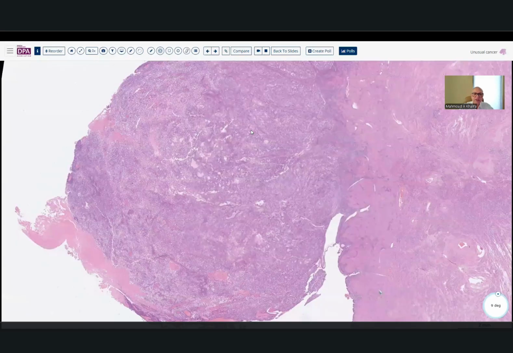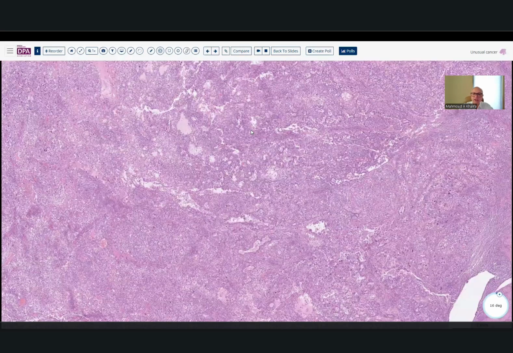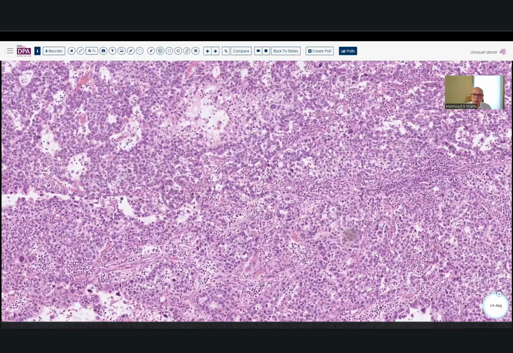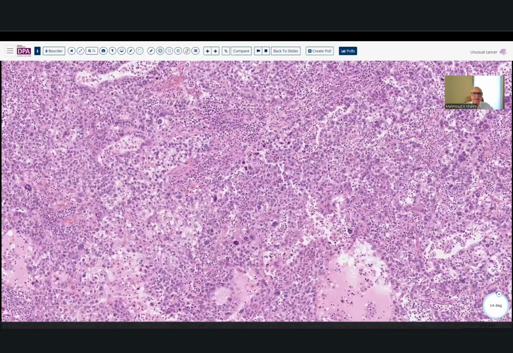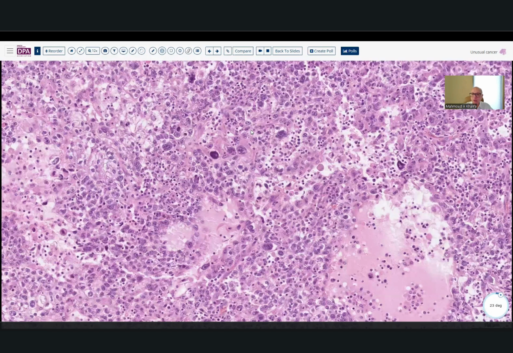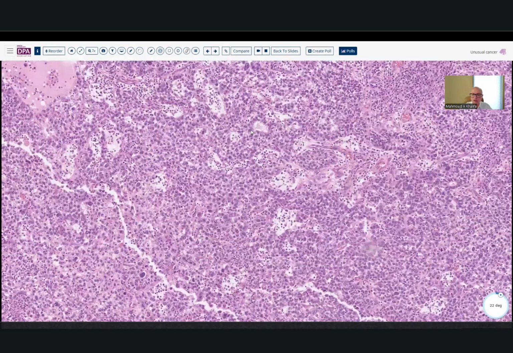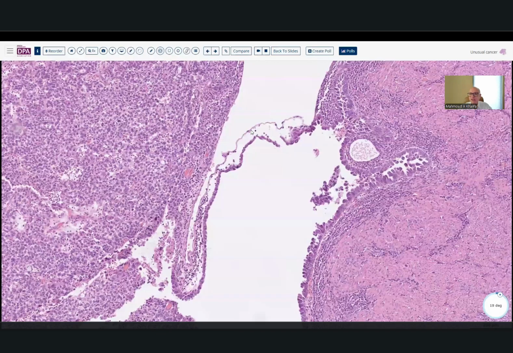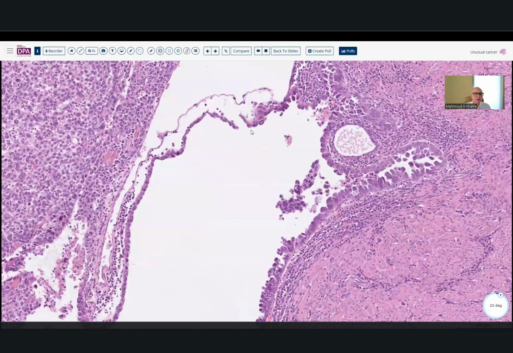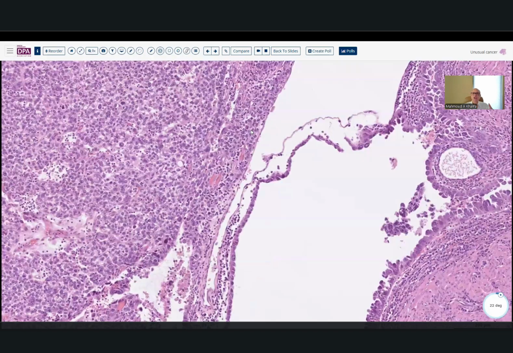You have cells that look like clear cell carcinoma, but also you have cells with very prominent nucleoli, very red prominent nucleoli like serous carcinoma. And what helps me with the diagnosis of serous carcinoma is when I look next to it, I can see serous carcinoma in situ. So this is the serous carcinoma in situ, and this is the invasive serous carcinoma mixed with clear cell carcinoma.